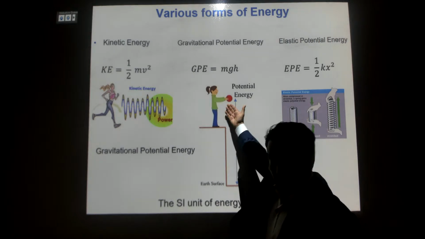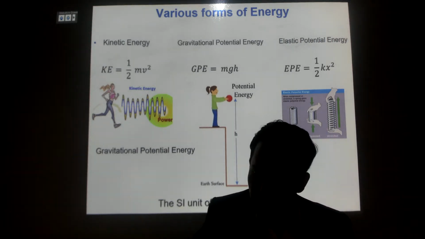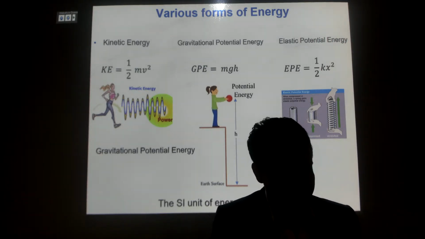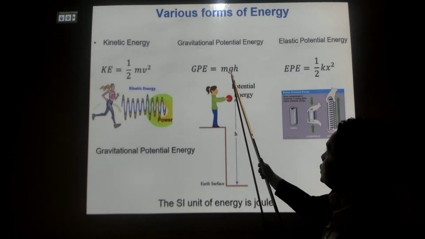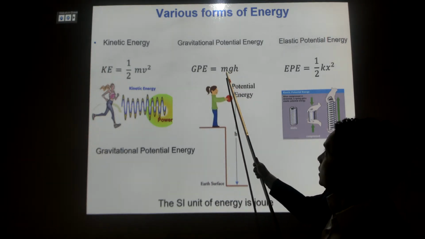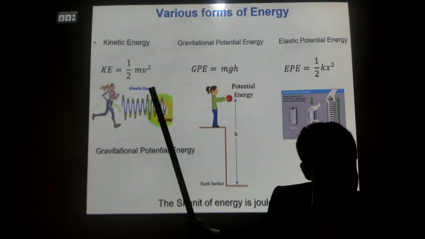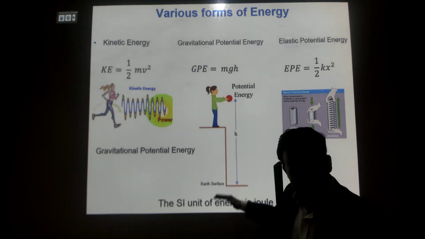This stored energy is in the form of the gravitational potential energy, and it is given by m g h. m is the mass, g is the acceleration due to gravity, the value is 9.8 meters per second squared, and h is the height from a given surface.